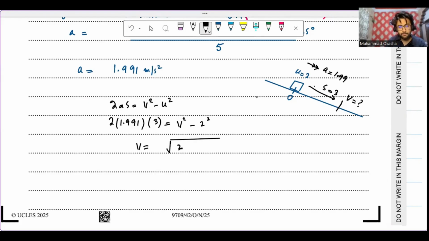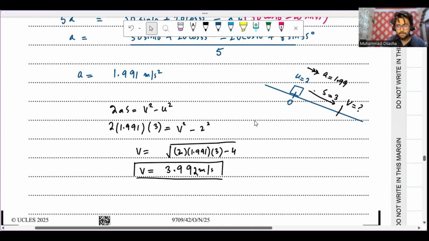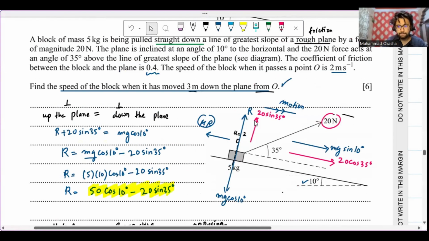So 2 times 1.991 times 3 minus 4. This is the math you can do by yourself. And you're going to get 3.99 meters per second, maybe 3.92 meters per second. That is going to be the final velocity after sliding down 3 meters.